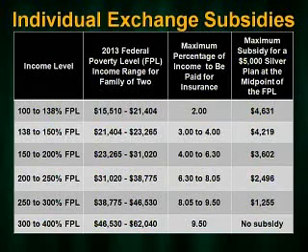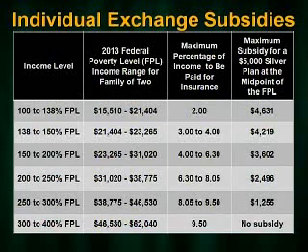And in fact, what that sort of suggests is, for somebody in that lowest rung of 100 to 138%, for a $5,000 health insurance plan, they would have to pay $369 a year. For that same policy, as their income rises, they pay $780 if they're in that 138 to 150%. And as you see, the subsidies get smaller as their income gets higher.